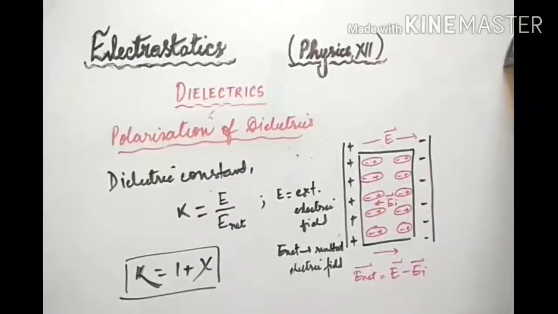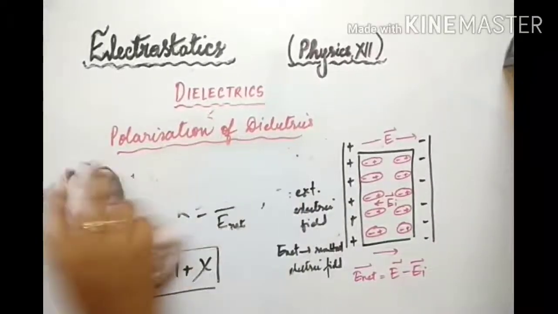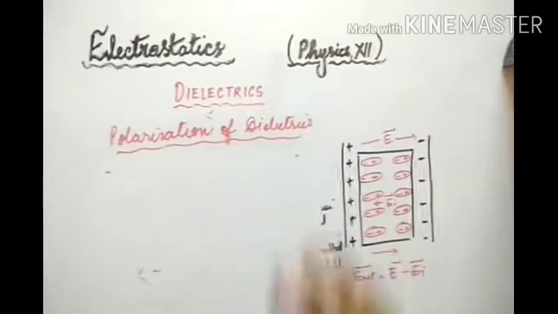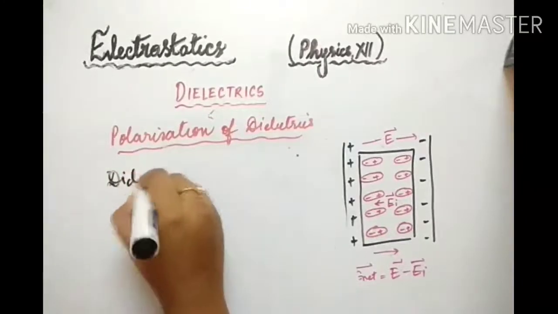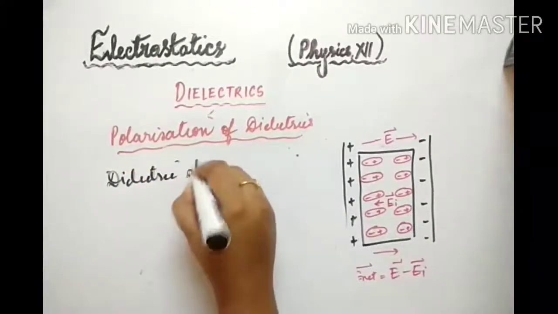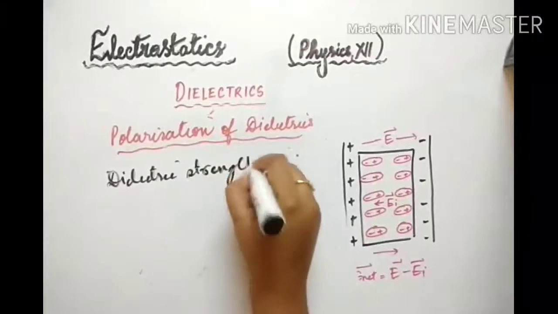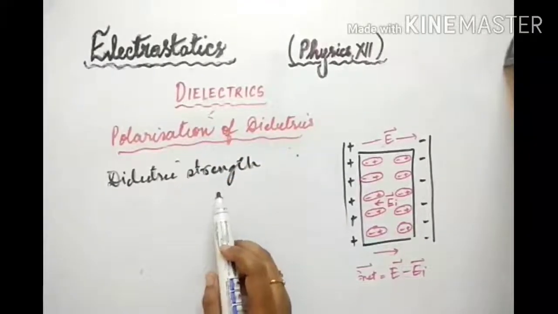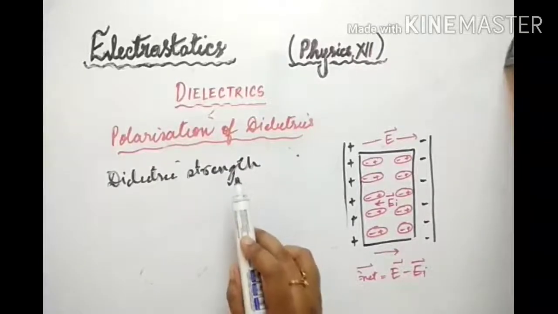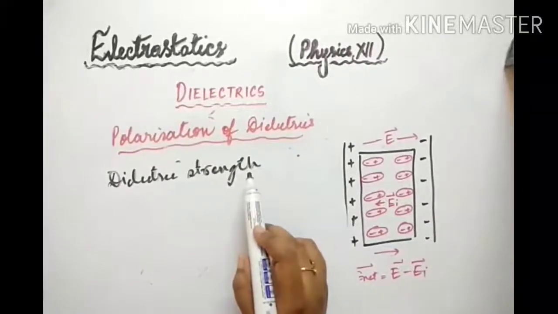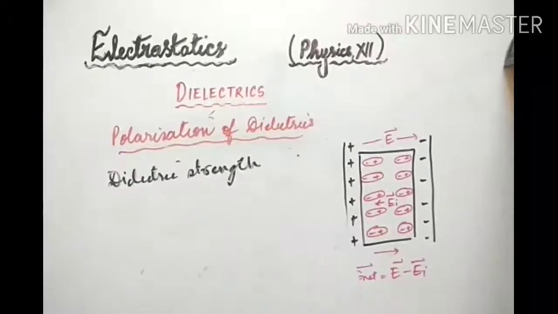There is another term known as dielectric strength. So what is dielectric strength? It is the maximum value of the electric field that the dielectric can tolerate without electrical breakdown.